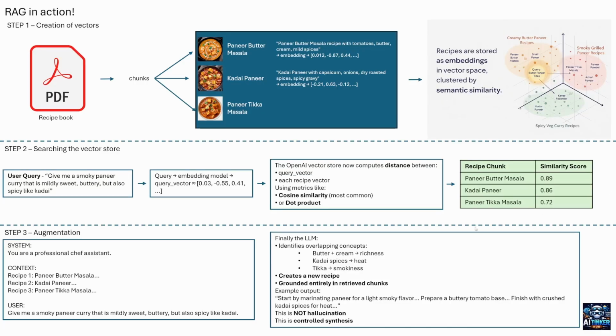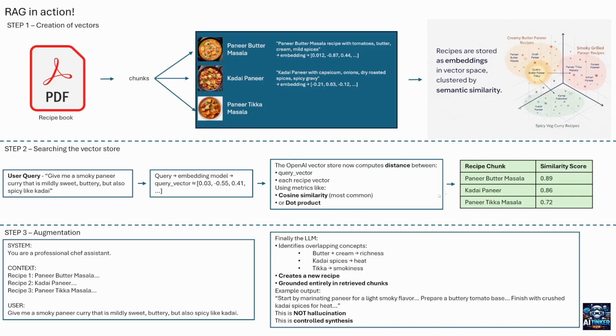Okay, so thanks for bearing with me going through this. The last part where everything comes together is the augmentation. So basically now what is happening is you have a system prompt that you are passing to your large language model. So let's say you are a professional chef assistant, could be one example prompt. You pass the context.